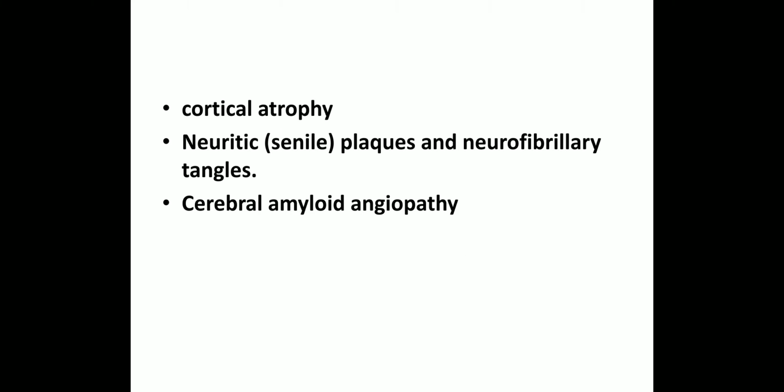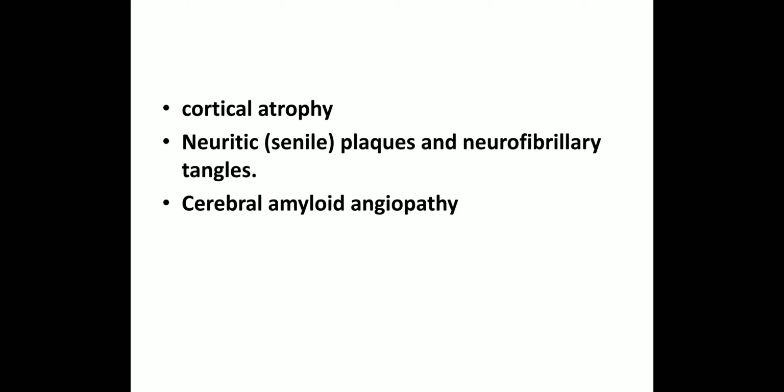There will be cortical atrophy of the brain, and these neuritic plaques and neurofibrillary tangles are the major hallmark. The plaque and tangles are known by these names: neuritic plaques and neurofibrillary tangles. These terms you should never forget. They are nothing but accumulation of those A beta and tau proteins.